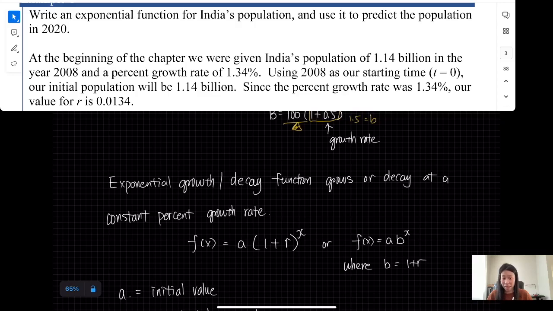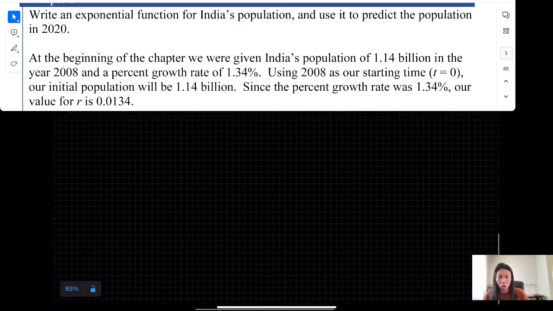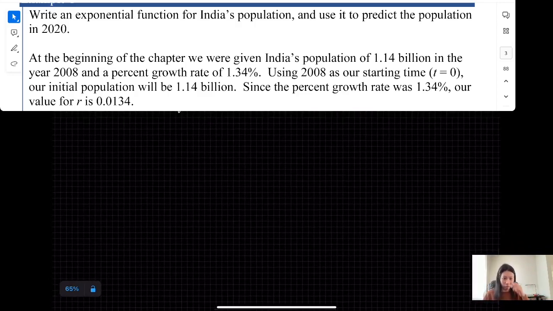Using 2008 as our starting time, t = 0, our initial population will be 1.14. And then how do we write a function about that? Well, we have to use 2008 as our initial value.